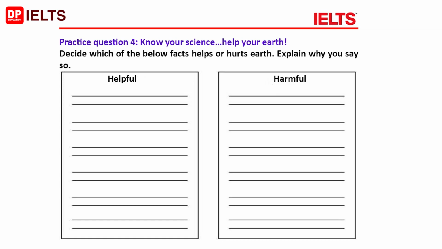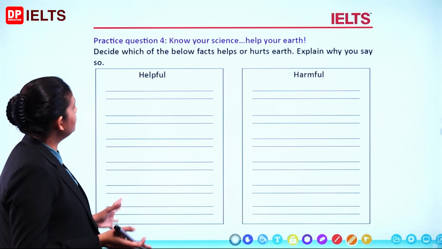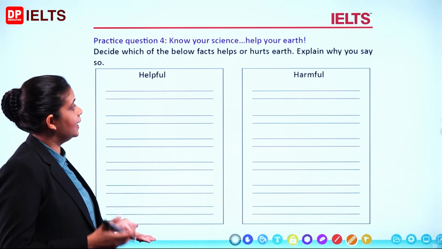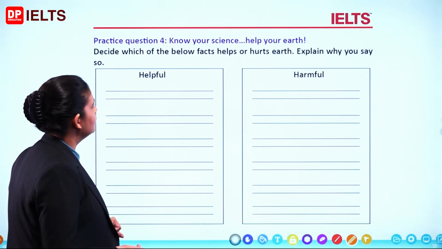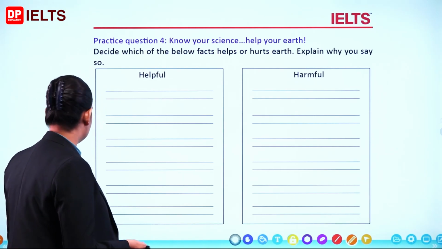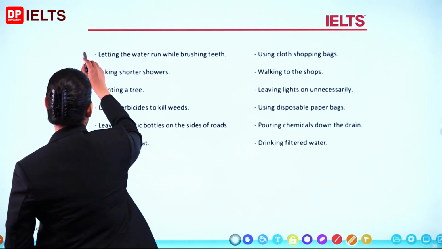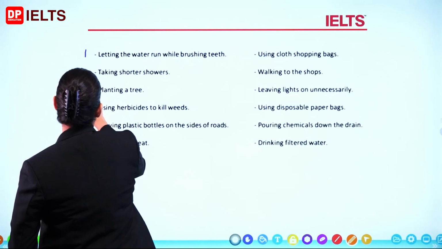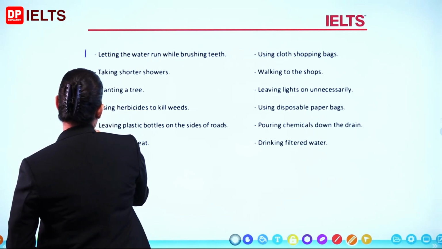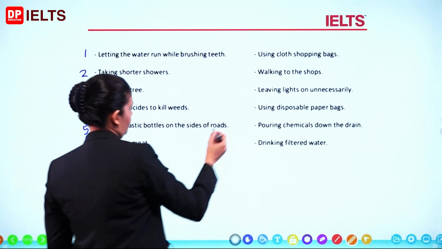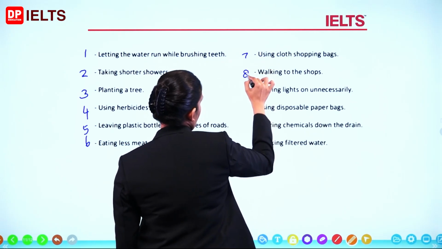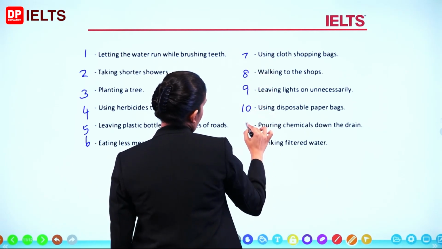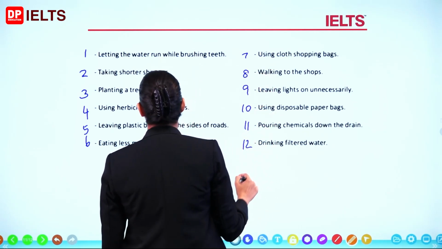All right, practice question 4, know your science. Help decide which facts help or hurt the earth, right? So let's put the numbers 1 to 12.